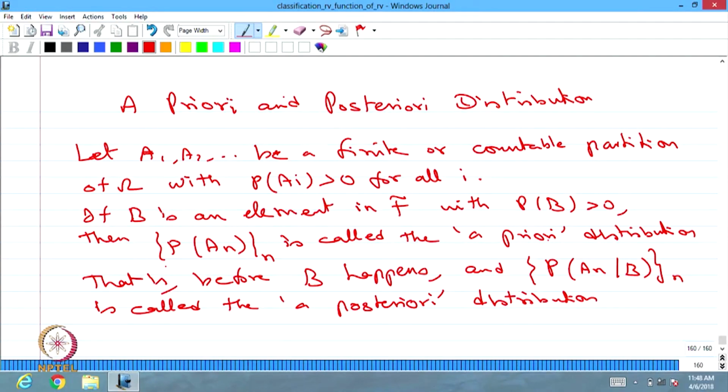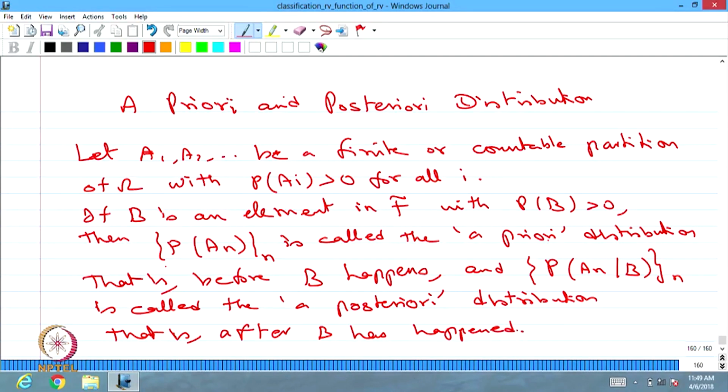The probability of An given B, that is after B has happened, is therefore called a posterior distribution.